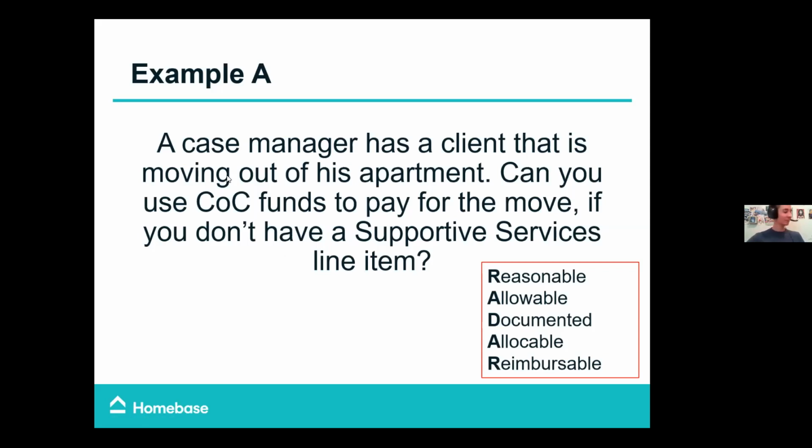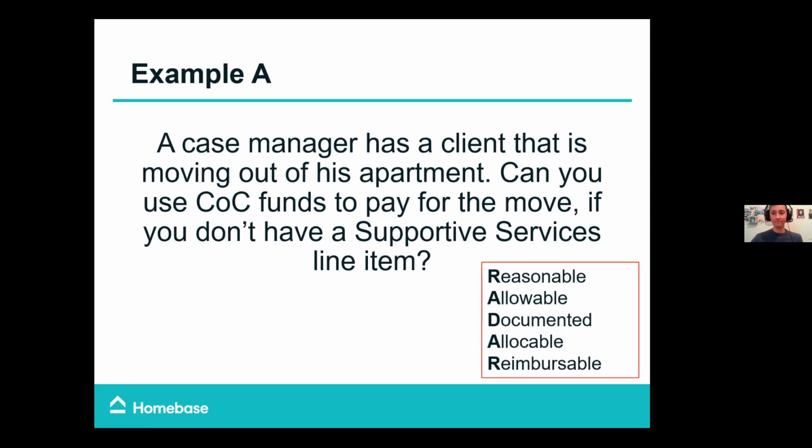These are hard questions, and it's really helpful to get that immediate feedback from you that we can take some time to really go over this example. So the question again is, a case manager has a client that is moving out of his apartment. Can you use CoC funds to pay for the move if you don't have a supportive services line item?